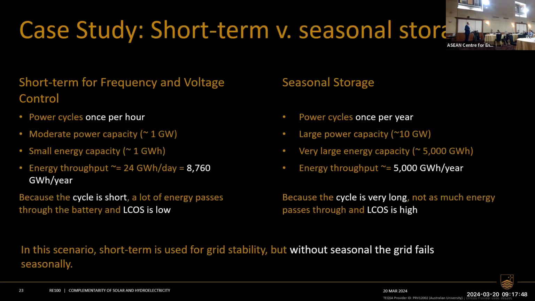In most of your countries, seasonal storage is not required in large volumes, as I said, because of stable solar and the monsoon solar anti-correlation. But this trend holds across all of the sizes of storage. The longer you need to store energy for, the more expensive it is, but it is also necessary.